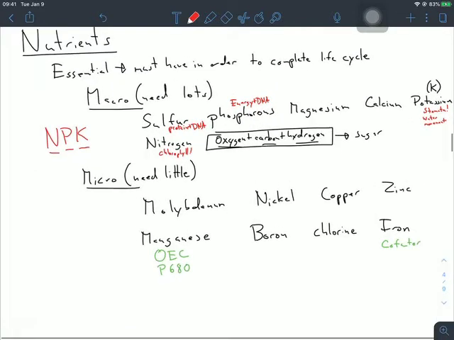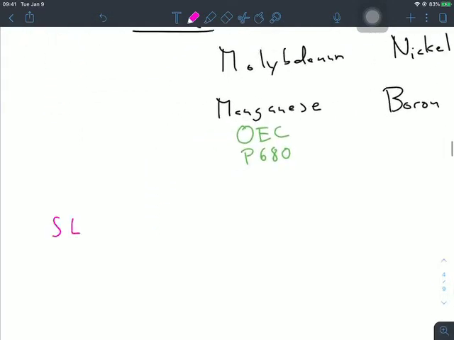Now, what happens to a plant if it lacks nutrients? So what happens when there is a shortfall?